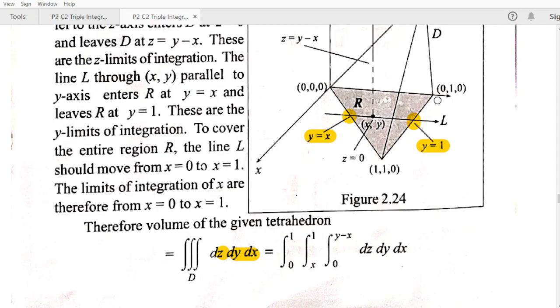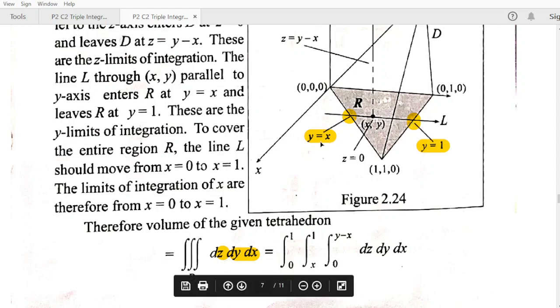So the equation of this line is y equal to 1 and the equation of this line is y equal to x. So at this point the value of y is equal to x and at this point the value of y is equal to 1. So our limit of y is from y equal to x to y equal to 1.